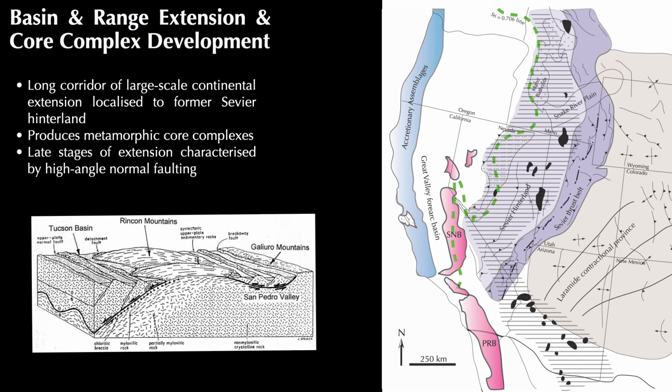On the right-hand diagram, these metamorphic core complexes are shown as black blobs, and again, they're pretty much centered over the former Sevier hinterland, suggesting that the most vigorous extension correlates with what was probably the most thickened continental crustal regions. There's not much extension recorded in the Laramide contractional province farther to the east. So most of the extension is in Idaho, Nevada, Arizona, and eastern California.